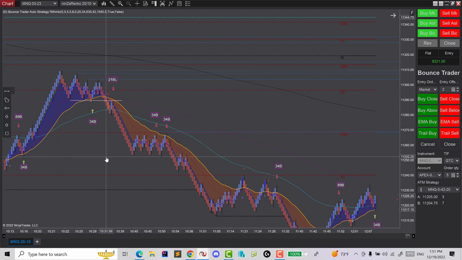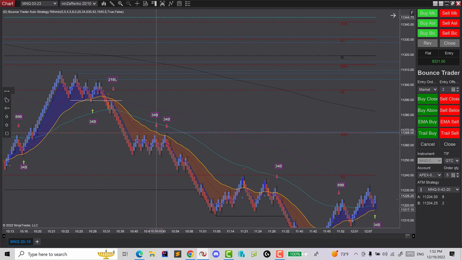So we'll go further. Price makes this impulsive leg down, and we expect that it'll try to retest and make another leg down. So we're just expecting a signal to go short. We have a signal here.